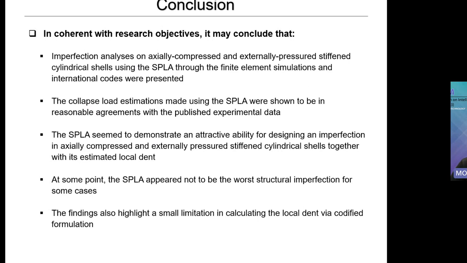The SPLA seems to demonstrate an effective ability for designing an imperfection in axially compressed and externally pressured stiffened cylindrical shells, together with its estimated local dent. At some point, the SPLA appeared not to be the worst structural imperfection for some cases. The finding also highlights a small limitation in calculating the local dent via codified formulation. Thank you.